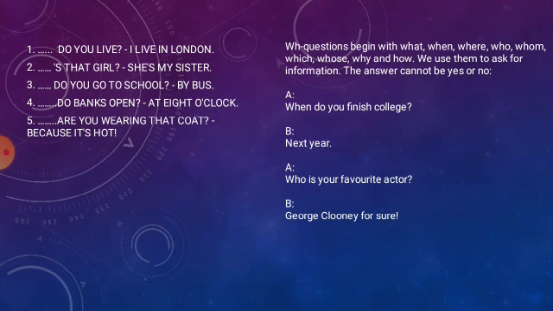So please practice the exercises which are there in your textbooks. Read the information that is there in your textbooks and try to understand WH questions better. Thank you.